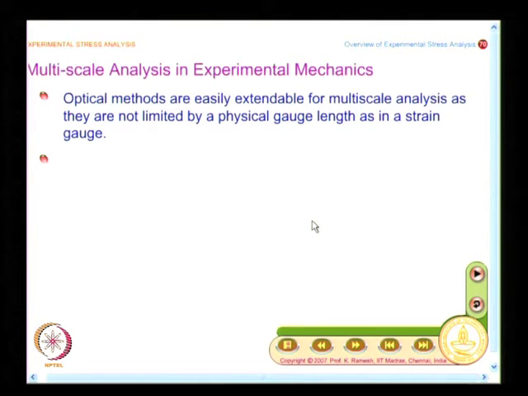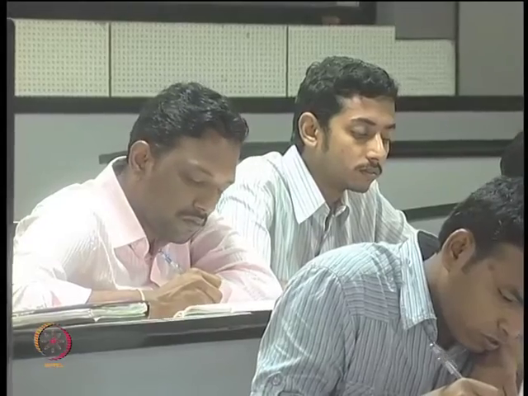This is also very important, because now miniaturization is the order of the day. People would like to make it as small as possible, and you will also like to find out whether, from a stress analysis point of view, these miniaturized components are stable and whether they will do the intended service, whether they will come for the life that you talk about. So, multi-scale analysis becomes important.